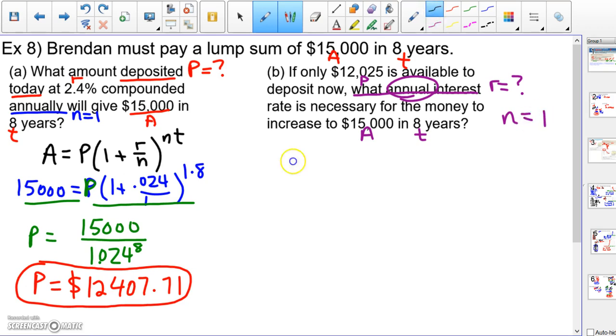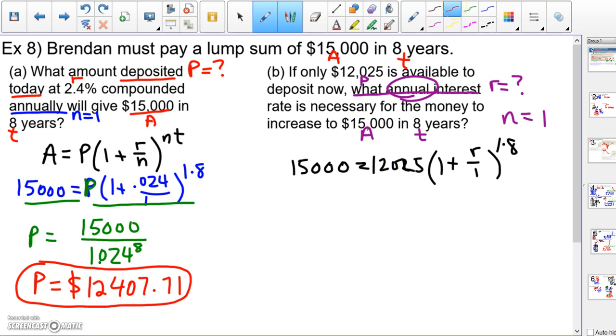So in that formula, you end up with 15,000. You started with 12,025, and (1 plus rate over 1) to the 1 times 8 power. So 15,000 equals 12,025 times (1 plus r) to the 8th power.